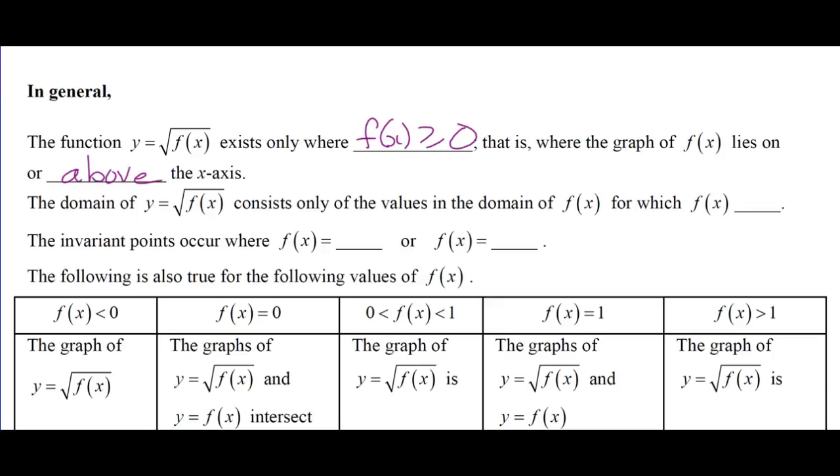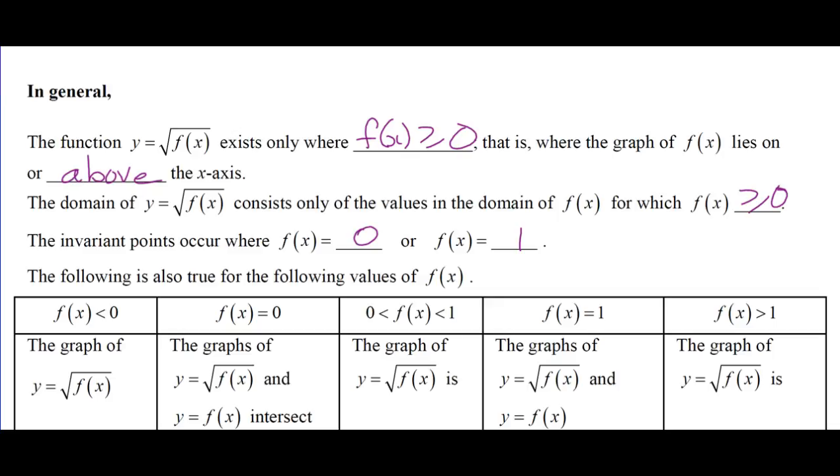The domain of y equals the square root of f of x consists only of the values in the domain of f of x for which f of x is greater than or equal to 0. I know, sometimes it's cryptic. The invariant points occur where f of x equals 0 or 1.